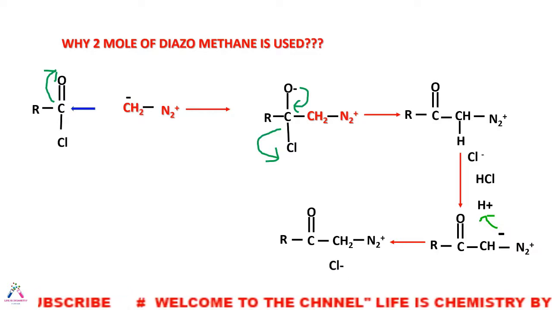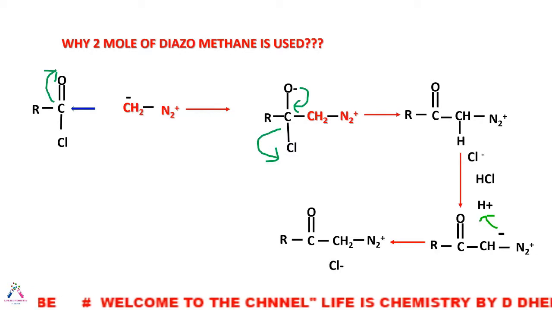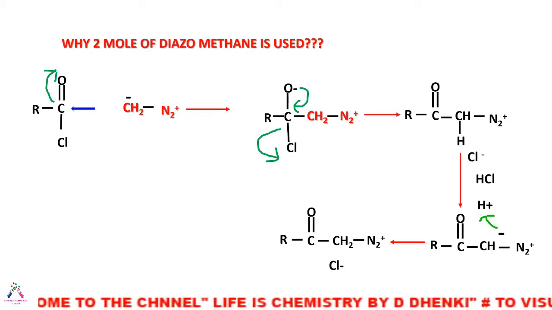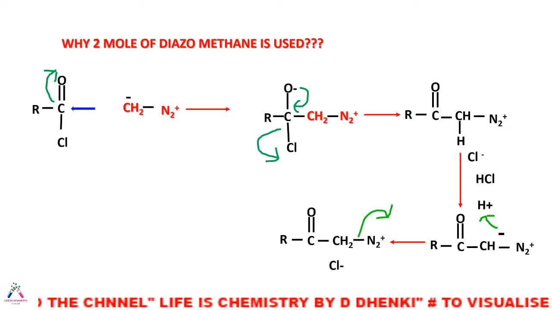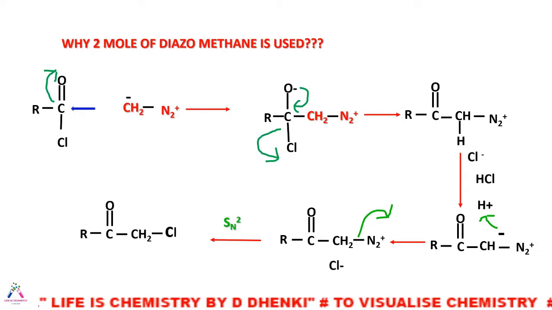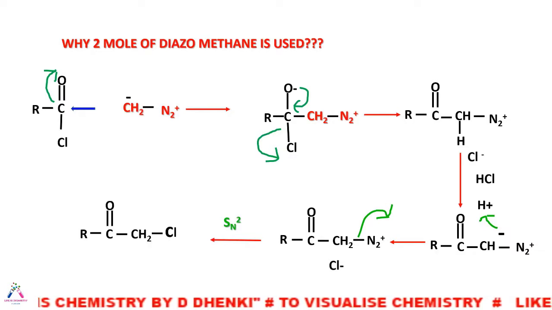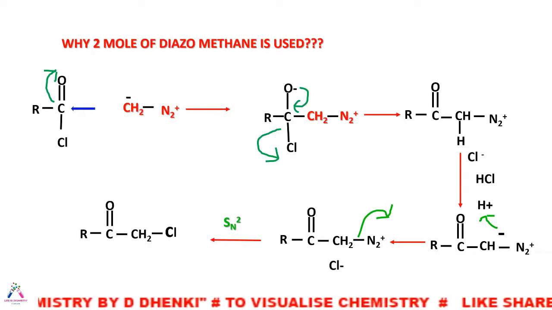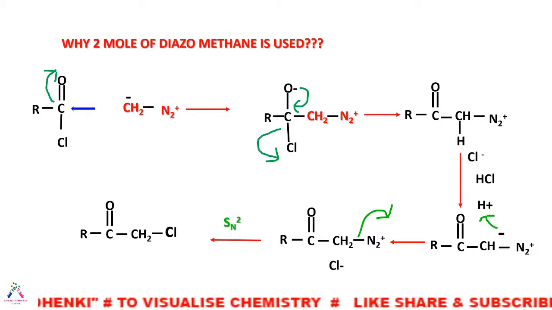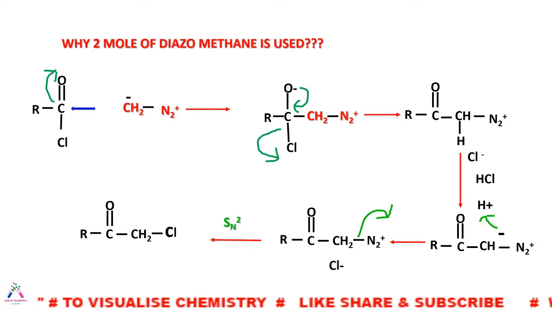This Cl- will promote the SN2 reaction, and it will form alpha-chloroketone by SN2 reaction.